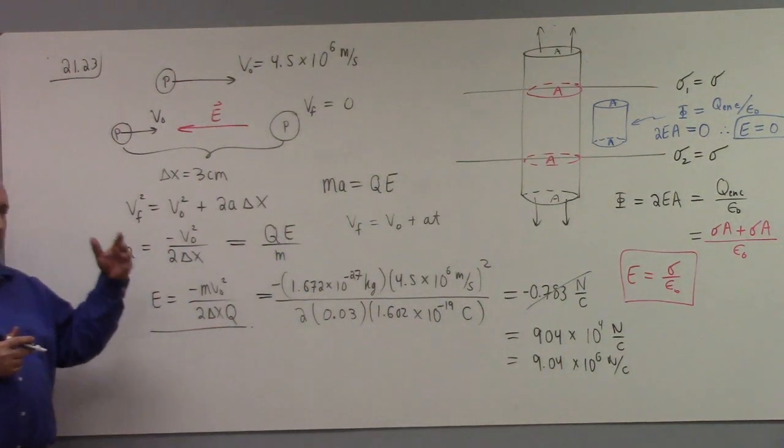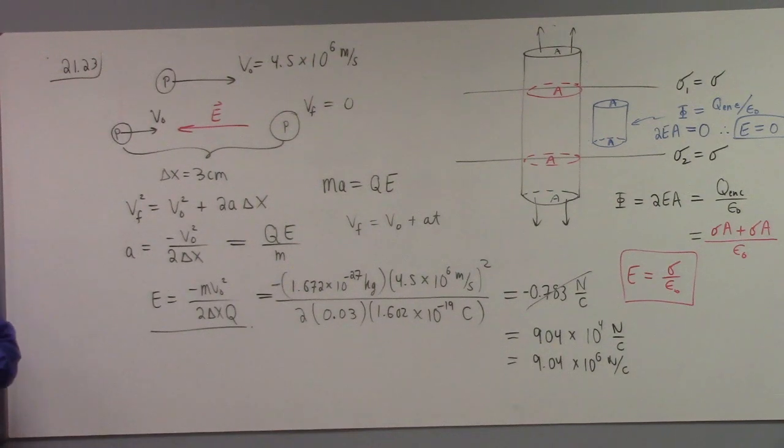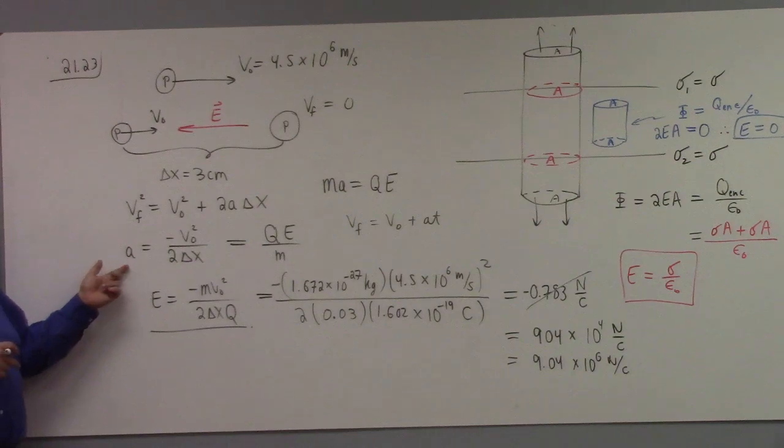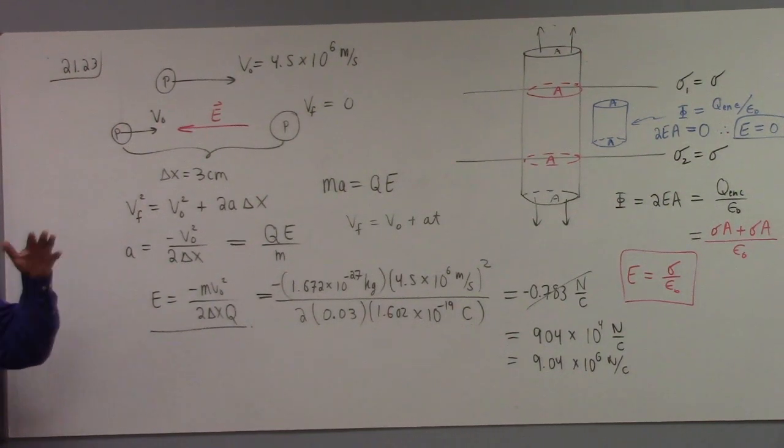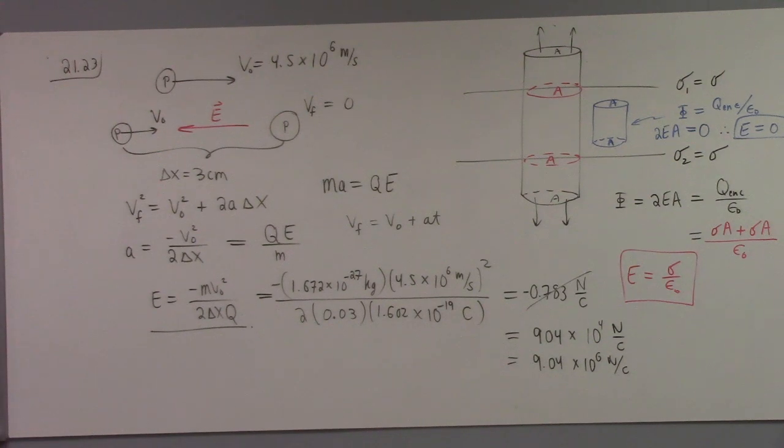It's constant acceleration. So you can use that to figure out how much time it takes, right? Because you know the initial velocity, you know the final velocity, and you can calculate the acceleration if you go back to here, right? Actually, if you read the whole problem, it makes sense to calculate the acceleration separately and then use that number to figure out the electric field, because then you can answer part A and part B with the same calculation.